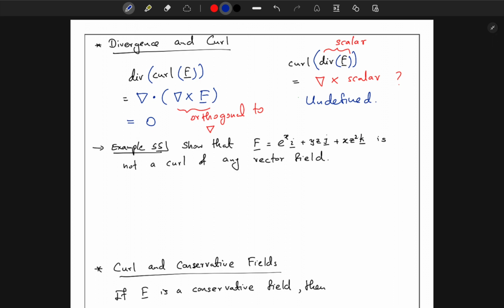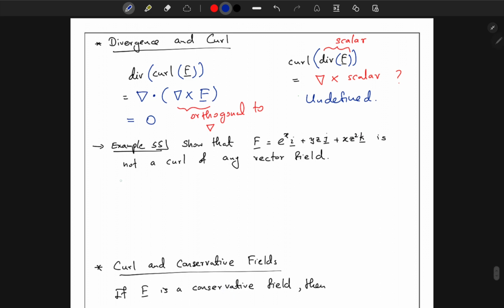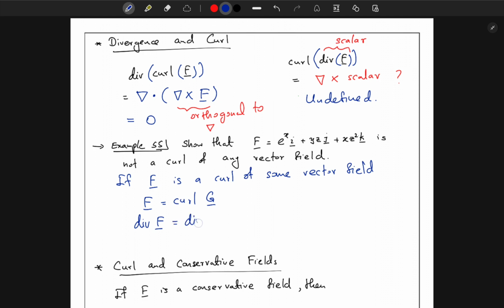Okay, so let's suppose it is a curl. If f is a curl of some vector field, that means f equals curl of some other vector field, let's say g, then the divergence, the divergence of curl of g, needs to be 0.